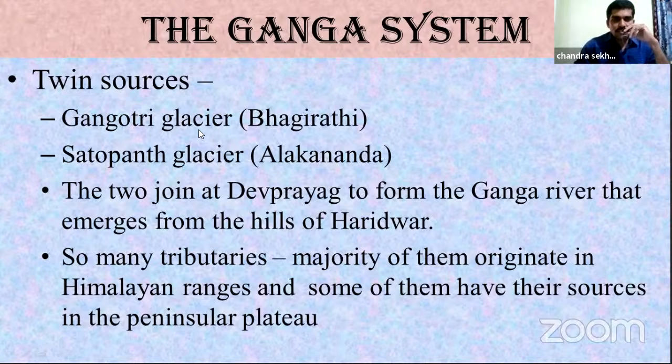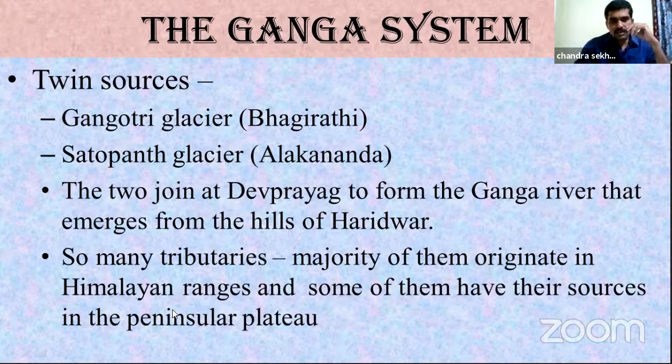From the Gangotri glacier, a small stream starts, known as Bhagirathi. Another glacier is the Satopanth glacier. From this glacier, another small stream starts, the Alakananda. These two small streams join at Devaprayag to form the Ganga river, which emerges from the hills of Haridwar in the Himalayas in Uttarakhand state.